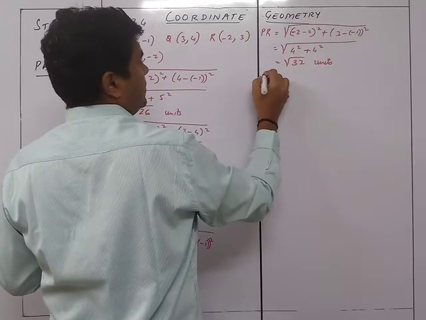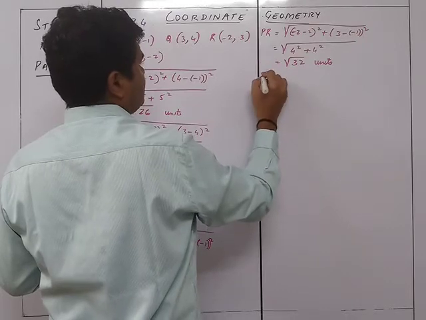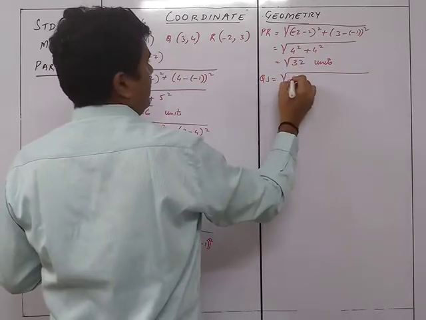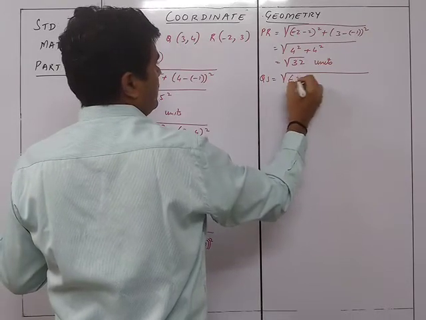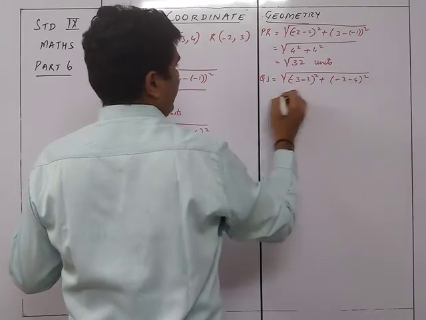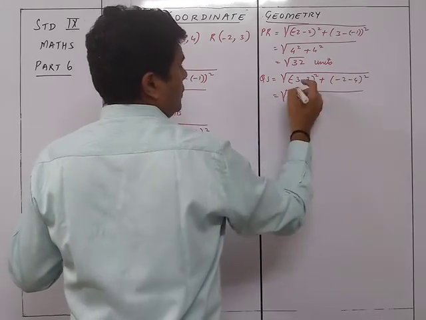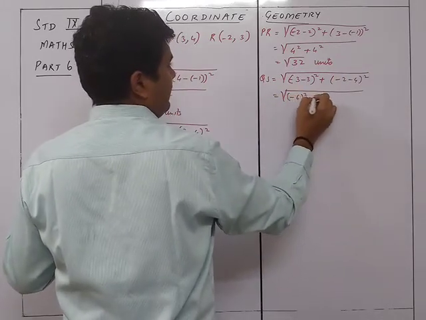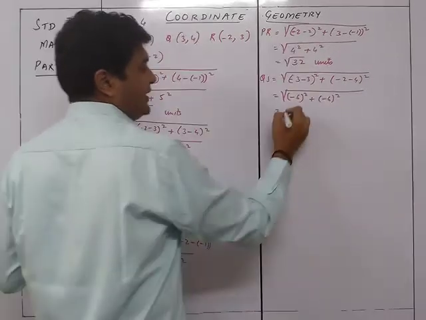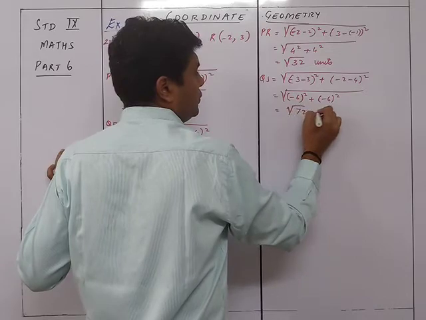And the other one, QS, will be equal to minus 3 the whole square plus minus 2 minus 4 the whole square, that is equal to minus 6 the whole square plus minus 6 the whole square. That is 36 plus 36 is 72. So root 72 units.